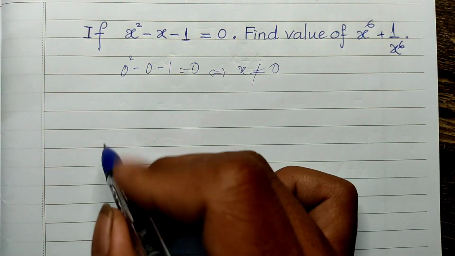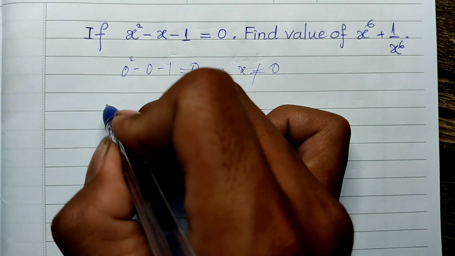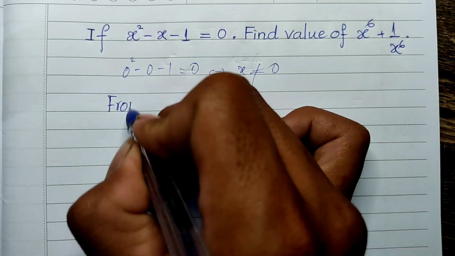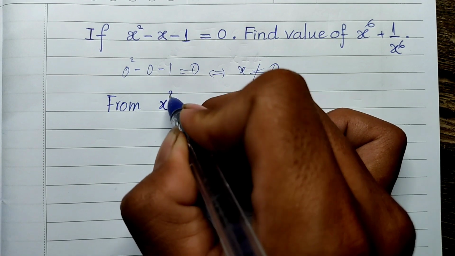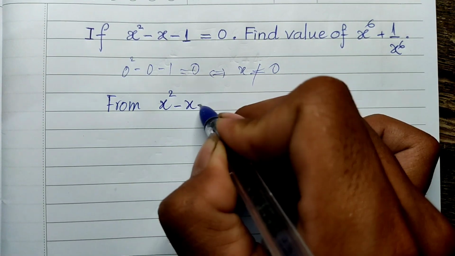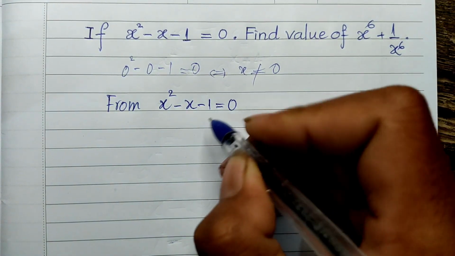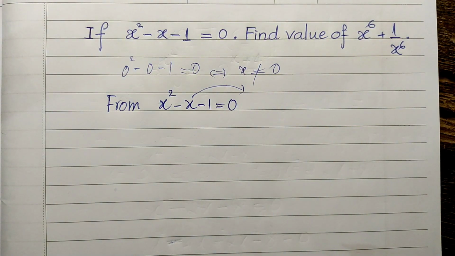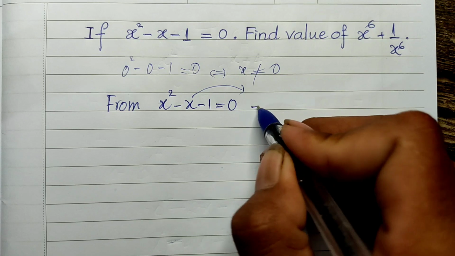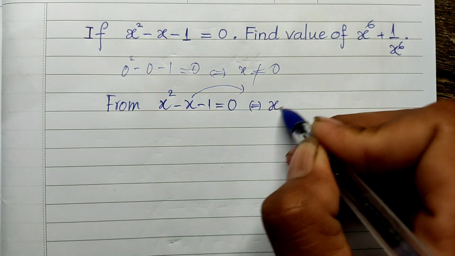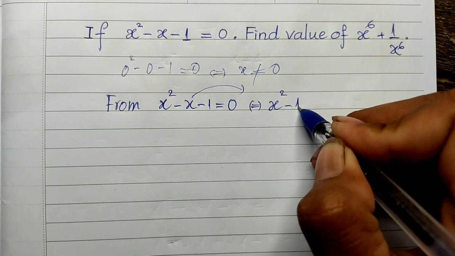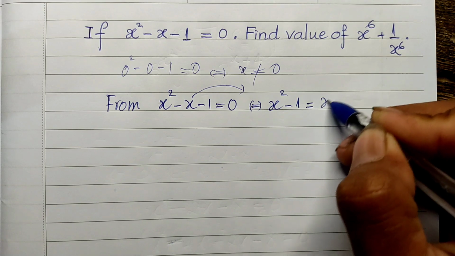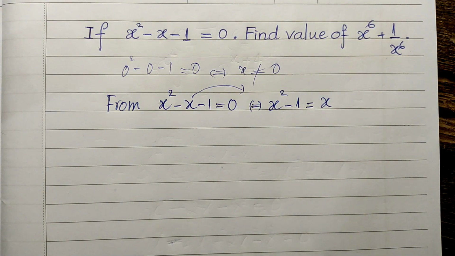From x squared minus x minus 1 equals 0, I move the terms from the left hand side to the right hand side. So I get x squared minus 1 equals x.